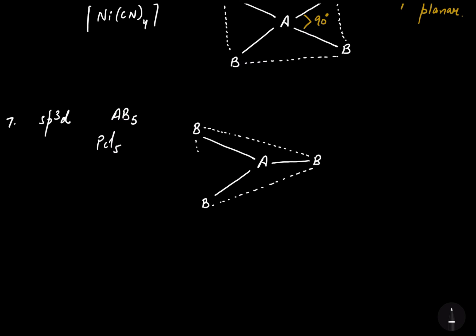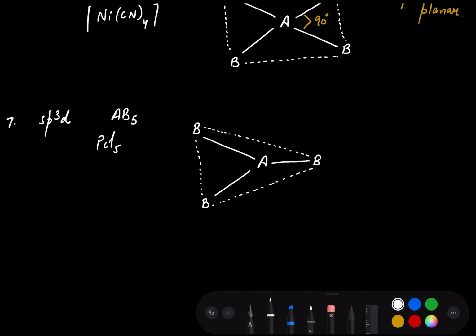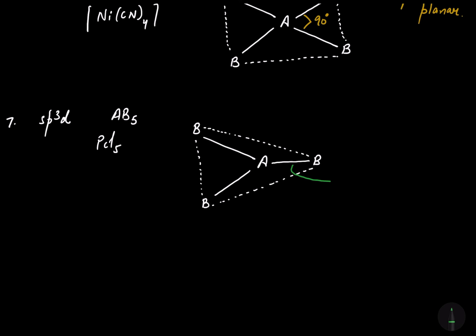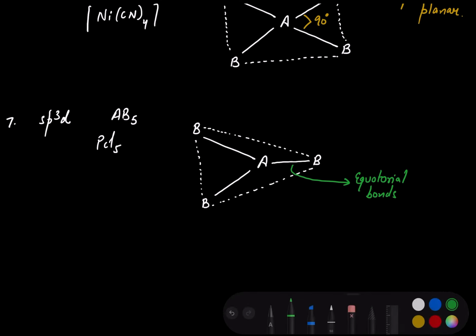So first of all, this is the equatorial plate. The bonds in the equatorial plate, or the triangular plate, are called equatorial bonds. Now we are left with two B's because it is AB5.